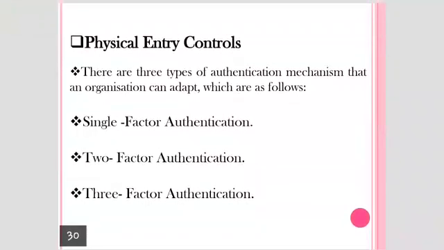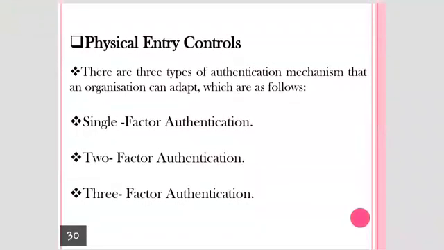But two factor authentication is just like a man trap, where there are two doors. At the first door he enters his password or login credential, and at the second he enters the biometric credential or ID card credential. If that doesn't match, that person is not allowed to enter the organization premises.